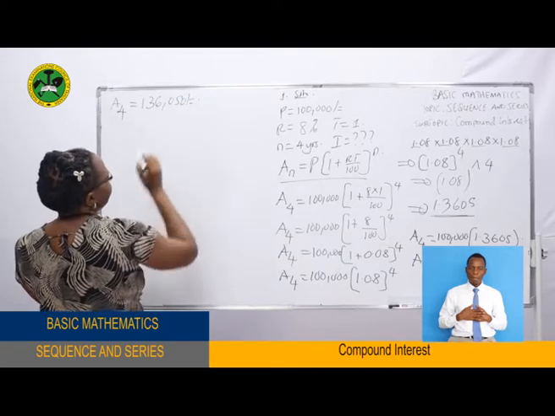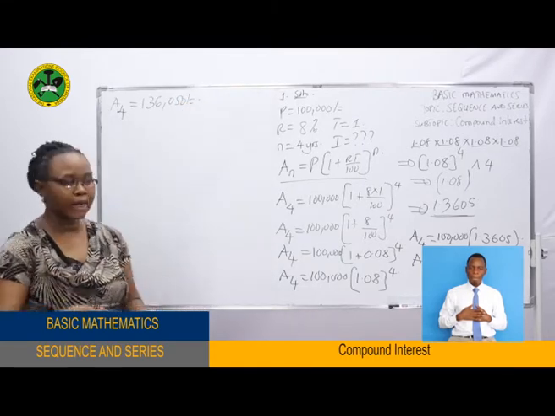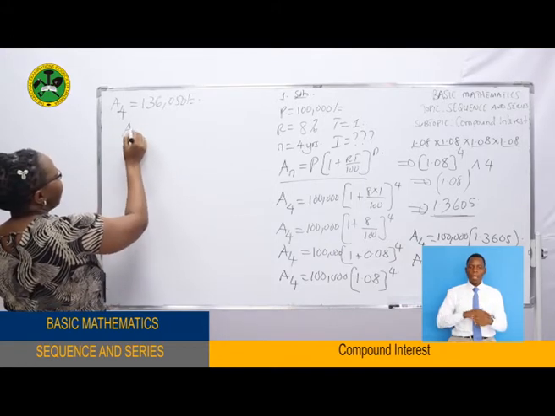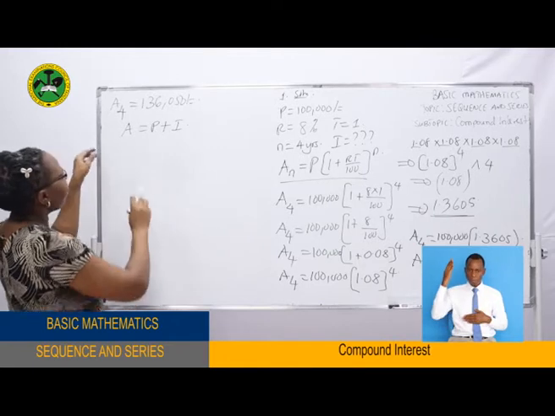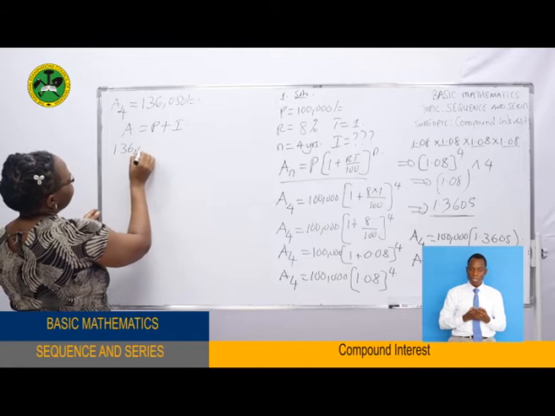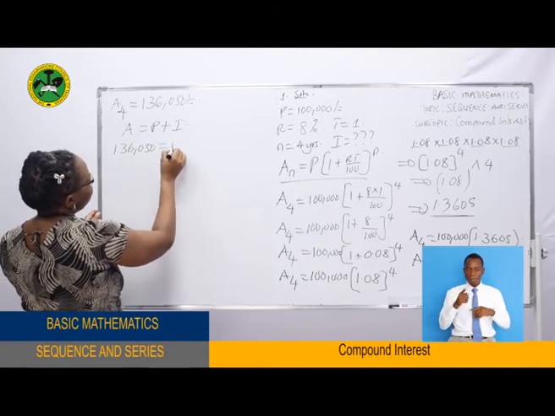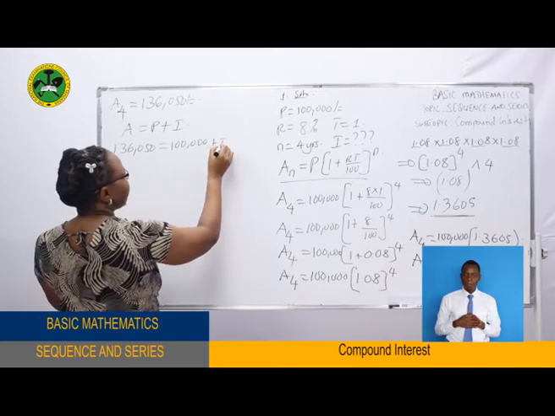But our question says find the interest. We know that the amount equals principal plus interest. We have already obtained the amount, which is 136,050, equal to 100,000 plus interest.